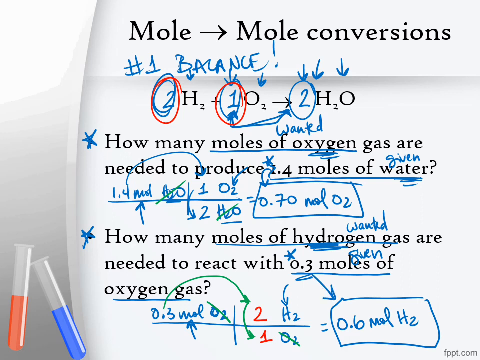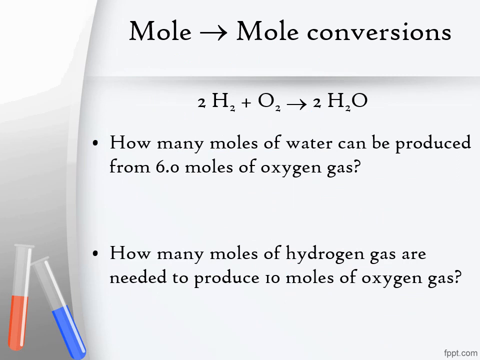This makes sense because we have, again, a 1:2 ratio oxygen to hydrogen. I need twice as much hydrogen as I have oxygen. And so if I've got 0.3 moles of oxygen, I need twice as much, 0.6 moles of hydrogen gas. Good? Good.